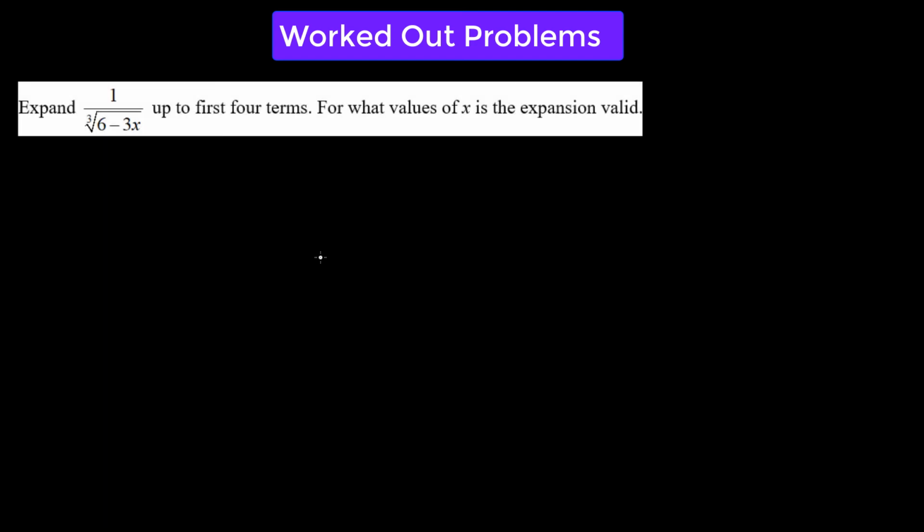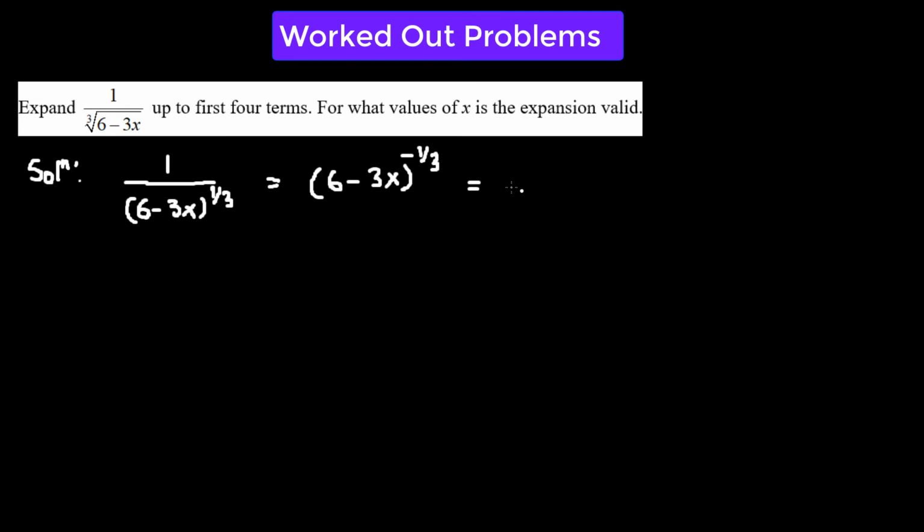So here we are provided with the expression 1 over the cube root of 6 minus 3x, and we have to expand it up to the first 4 terms. Let us begin by simplifying the expression. We can write it as 1 over (6 minus 3x) raised to the power 1 over 3, and then take it to the numerator. That gives us (6 minus 3x) raised to the power of negative 1/3.